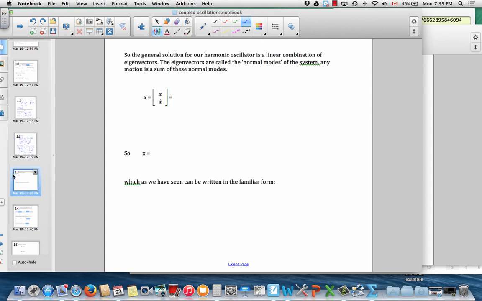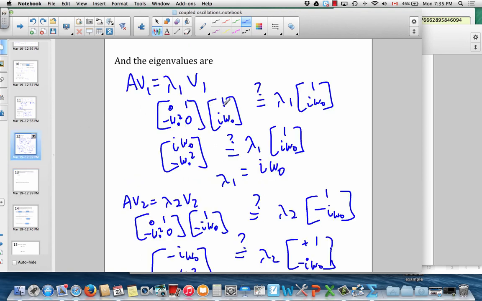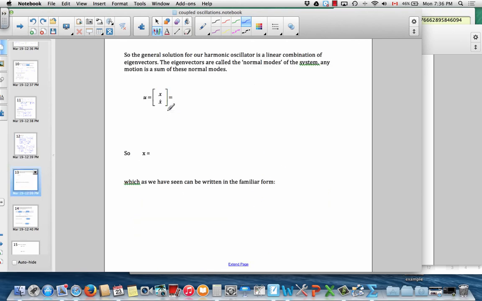So what have we shown here? Because again, we know what the answer to this problem is. We've shown that the solution to the equation has the form of an eigenvector times e to the lambda t. Now, that's e to the i omega naught t, which is exactly how we solved the equation earlier.